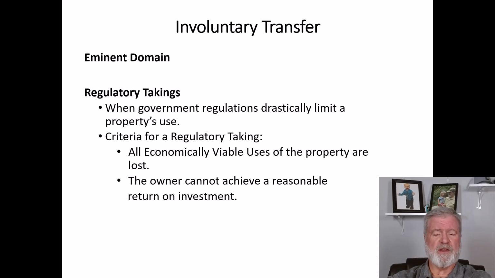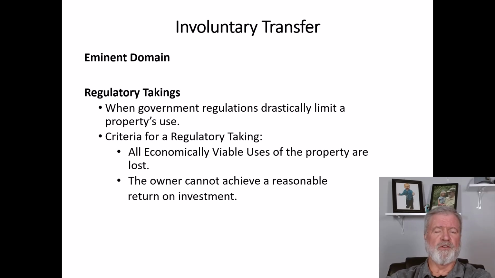Because the way it was written in the Fifth Amendment seems to be changing a little bit over the years. It's very clear that the government has the right under the Fifth Amendment to take private property, but it has to be for public use, and just compensation must be paid for that property. So they can't just take it, they got to pay for it.